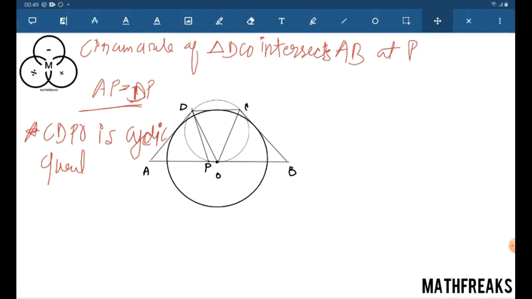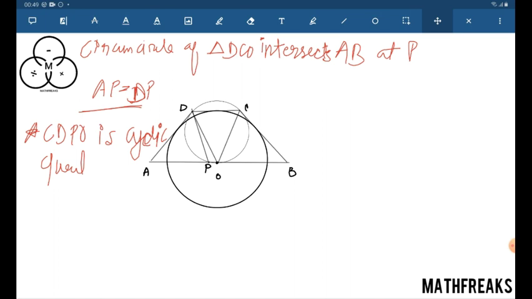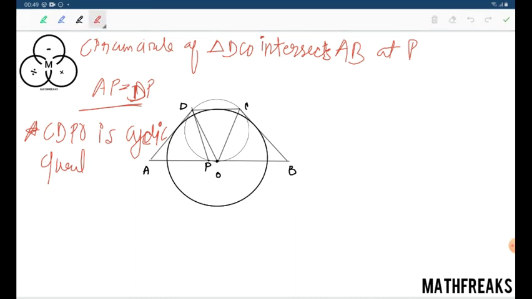And we have learned that the exterior angle in a cyclic quadrilateral is equal to the interior opposite angle, which means that this angle theta is equal to this angle theta, the interior opposite angle.